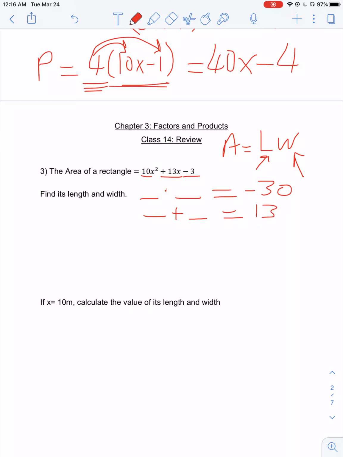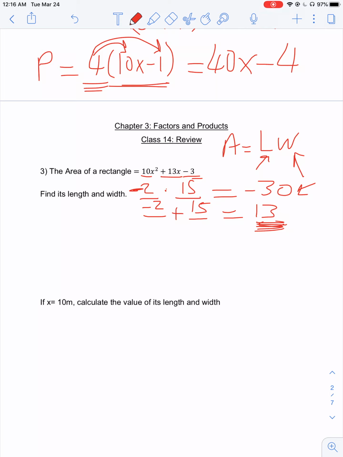So because my product is negative, that means one of my numbers has to be negative. So again, you can try 1 and 30, and then 2 and 15. So 1 and 30 will not work. I think 2 and 15 will. Okay, so 2 and 15 gives me plus 30, but because this is negative, one of them has to be negative. And now because my sum is positive, that means the smaller number has to be negative. Okay, so that means the combination is minus 2 and 15.